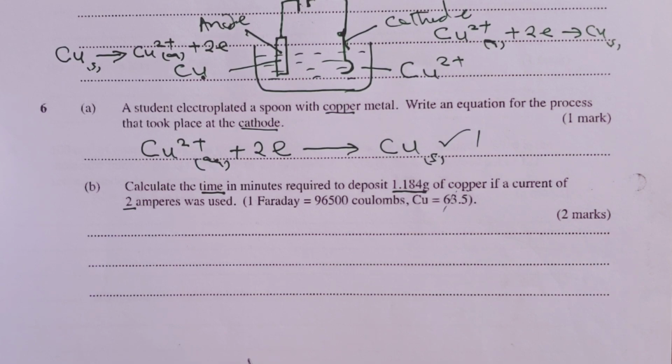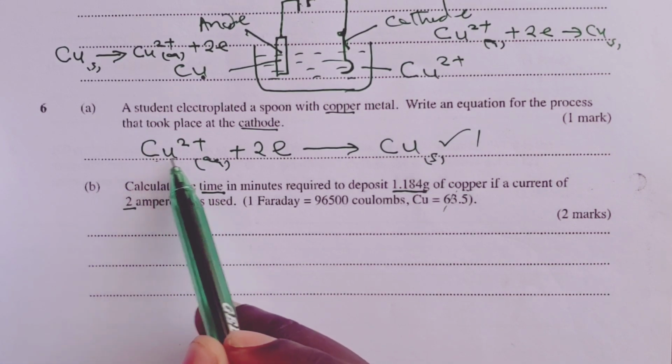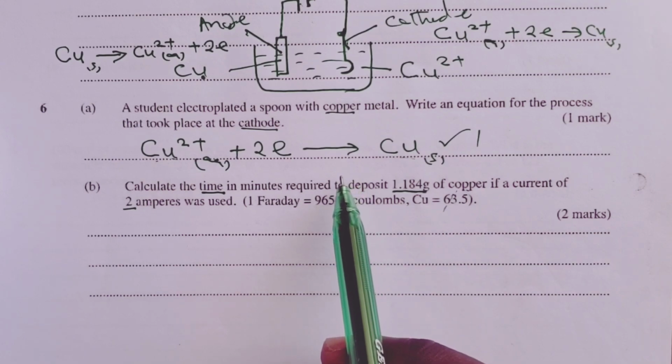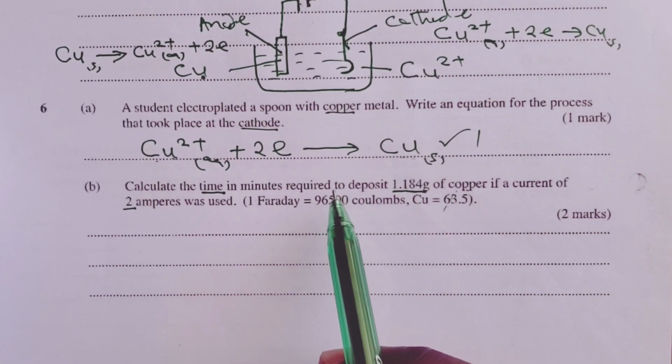So to answer this question, the first thing that candidates need to understand is the interpretation of this equation here, which represents the process of deposition of copper at the cathode.